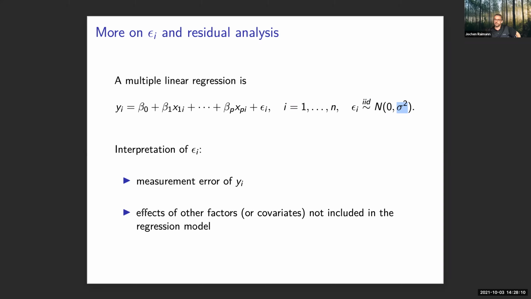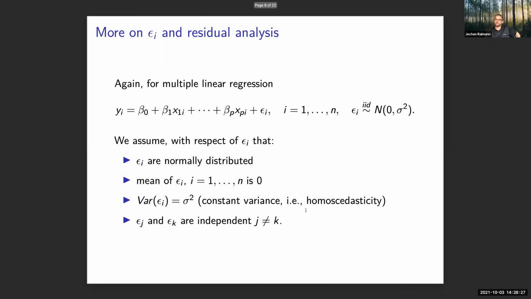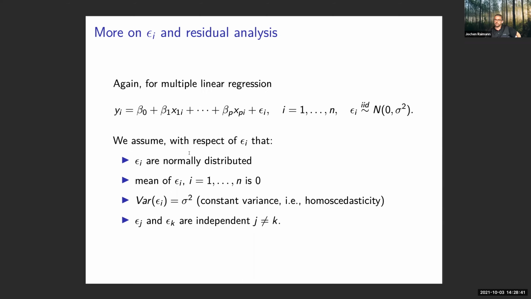and the effects of other factors are not included in the regression model, which is one of the problems, because this will then essentially drive your residual error. So these other factors can be included as covariates. Potential covariates are not included yet. Again, for multiple linear regression, we have yi is beta 0 plus beta 1 x1i up to beta p xpi plus this residual error.